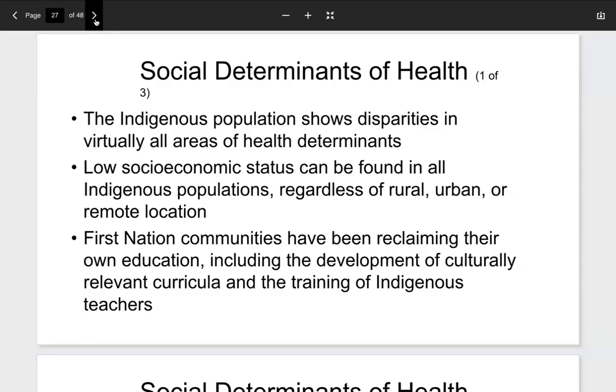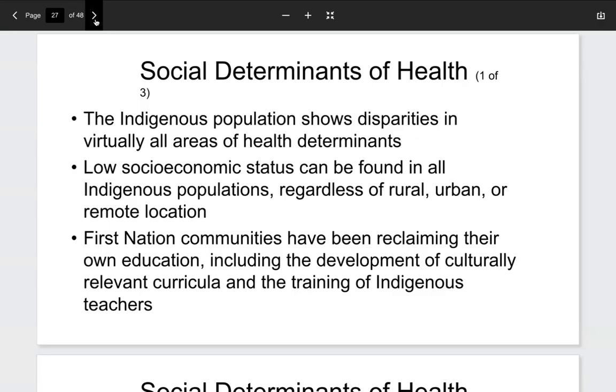So the Indigenous population does have a lot of health disparities virtually across all the health determinants, whether it's education, socioeconomic status, whatnot. They have disparities across all of them.